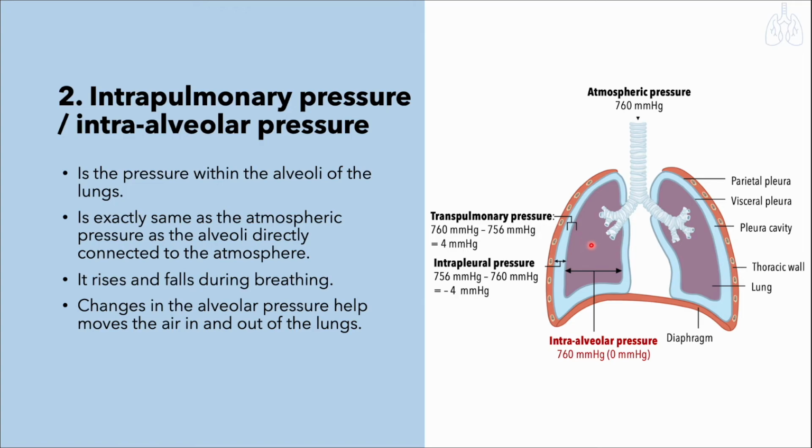When the pressure here is low and the atmospheric pressure is high, it is going to cause the movement of air from the atmosphere into the lungs. When the intrapulmonary pressure is high, that is during the exhalation process.